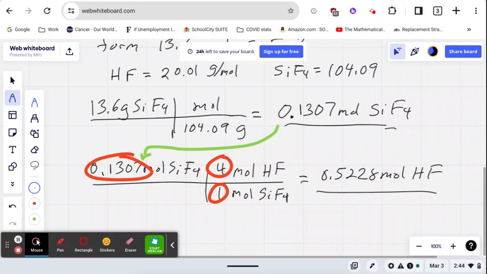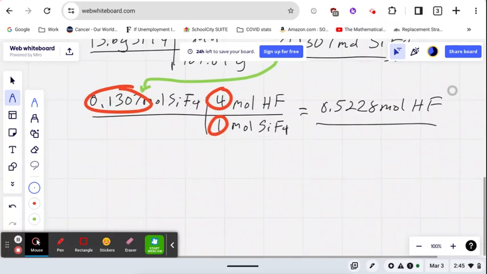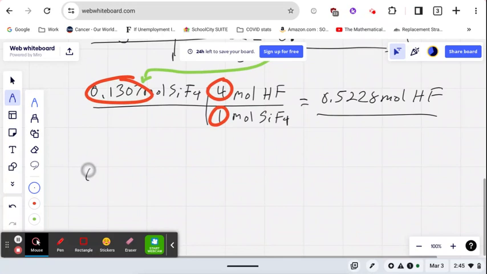Okay, so now I have moles. If this was a mass problem, I would just turn the moles into grams by multiplying by the molar mass that I'd calculated here for HF, which I don't need because this question is not asking for grams. It's asking for molecules. So I take my 0.5228 moles of HF and turn it into molecules.